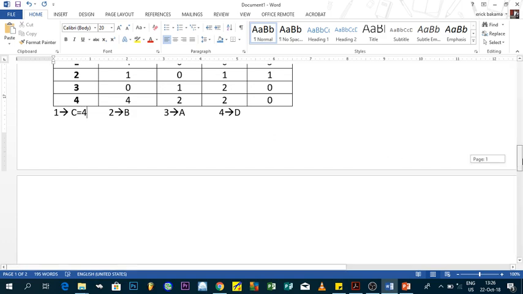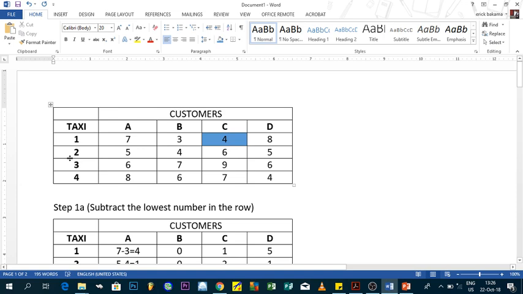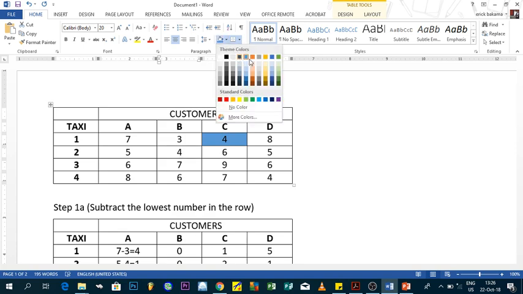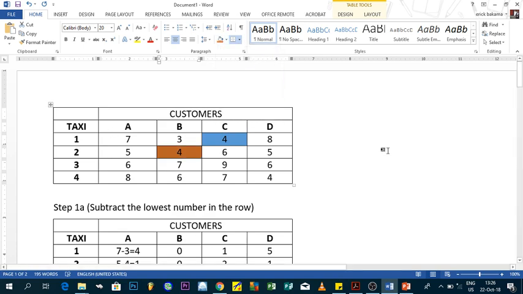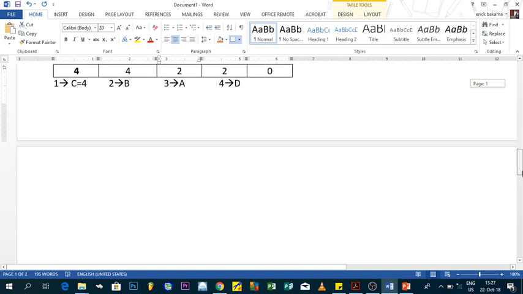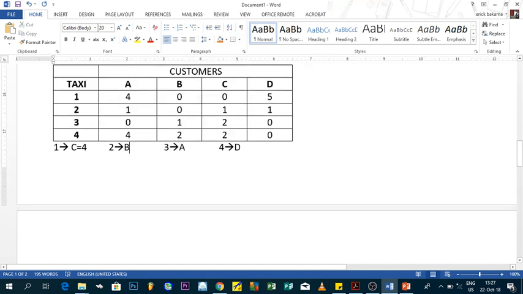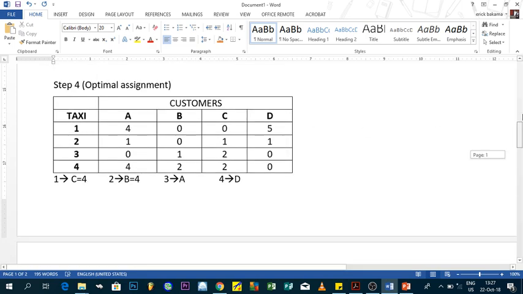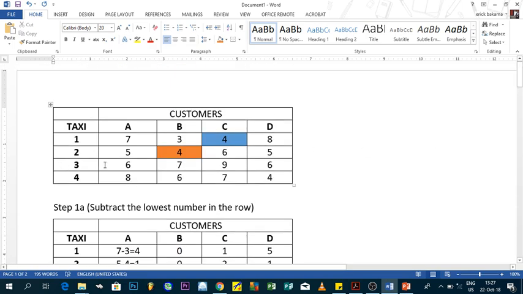Then we go to the initial table again. 2 needs to take B here, which is another 4. So 2B, the optimal that we got here, is equal to 4. Then 3 is going to be allocated to A, which is 6.